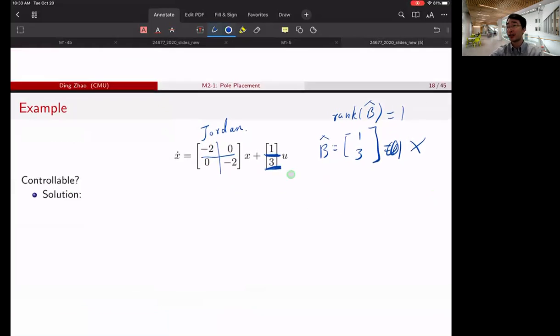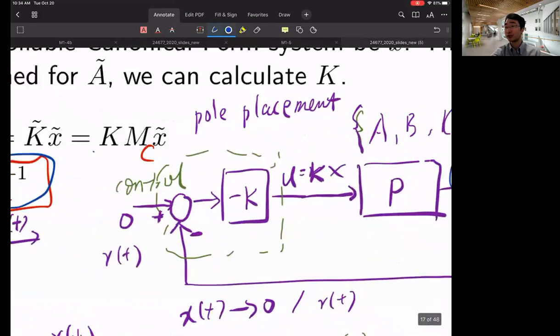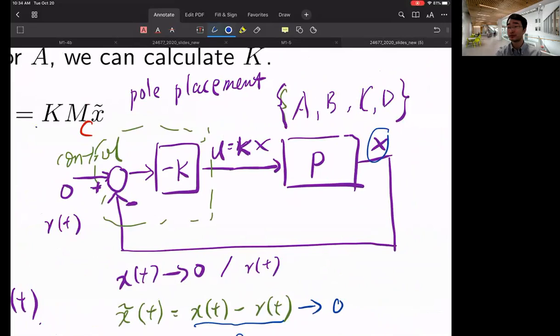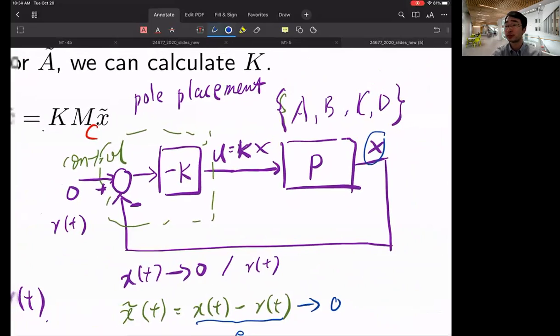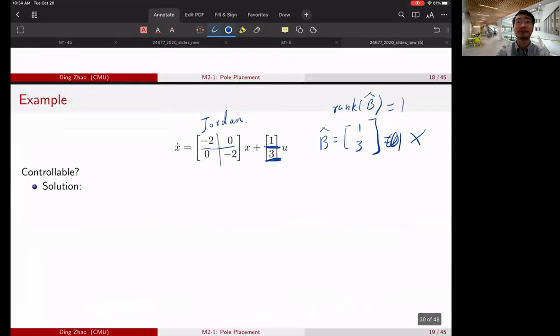Okay, if it's not controllable, then what happens if we still want to impose this structure? Let's try. If you still want to do u equals Kx, then you plug this u into the system.